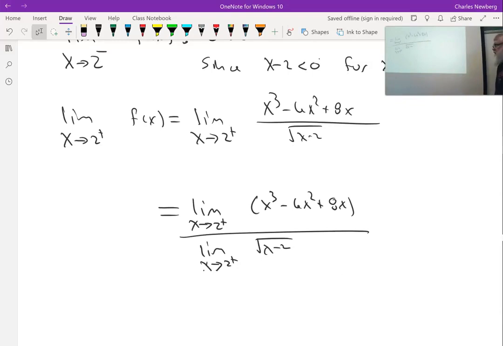All right, so look in the numerator. What type of function is inside that limit? Polynomial. Can we do direct substitution? Absolutely. We love direct substitution. And the bottom, we can't quite do direct substitution yet because of what? We got to that radical there.